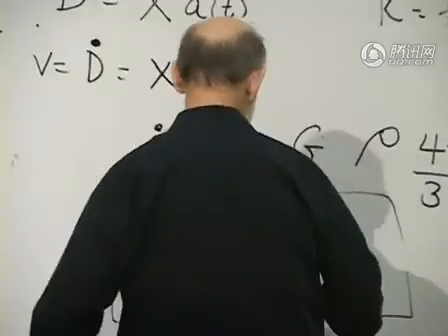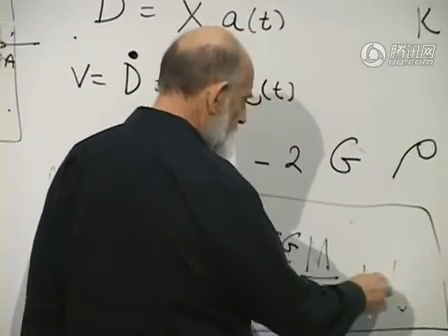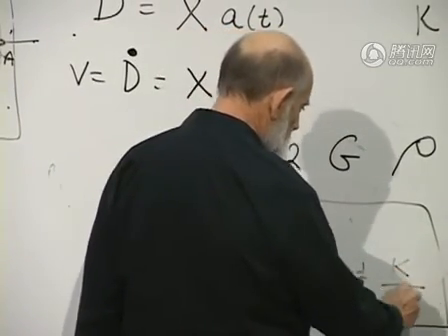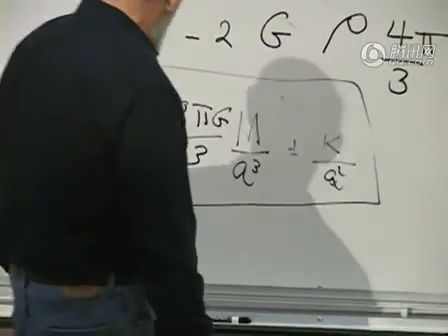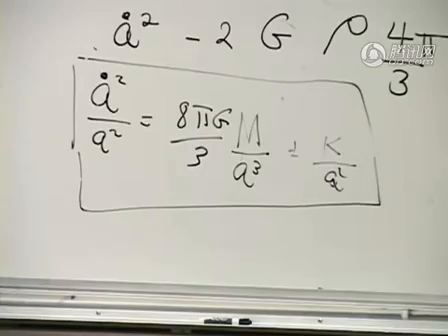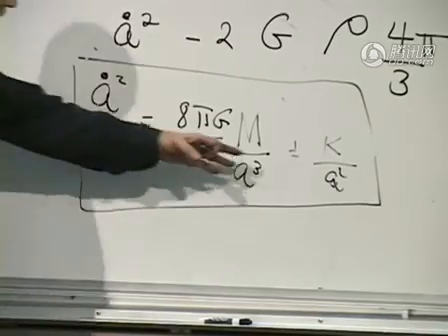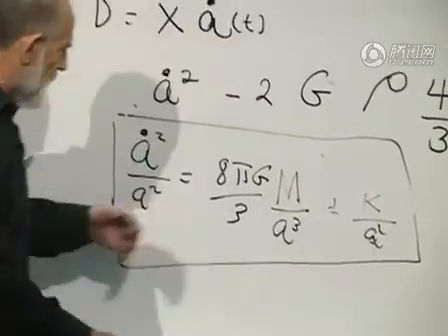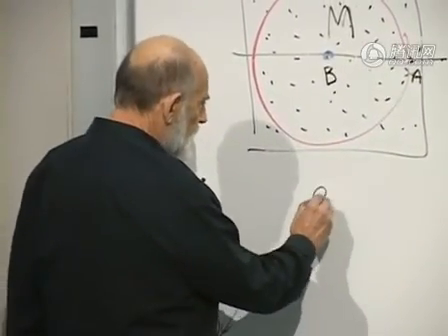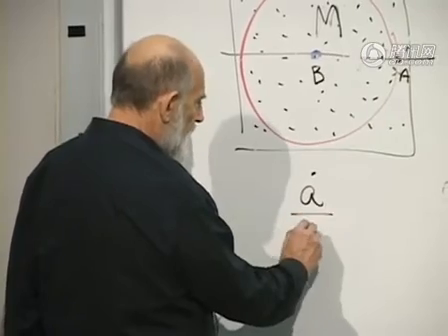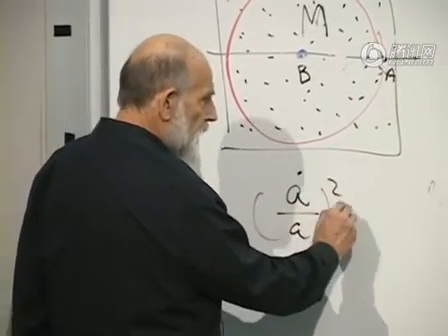Basically, as you might expect, plus or minus, I can't remember, k divided by a squared, this is one of the Einstein equations. Here, let's just look at it. K is a number, a pure number. So A dot over A squared minus K over A squared.